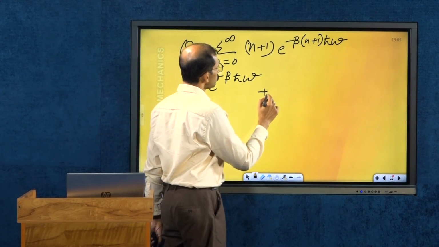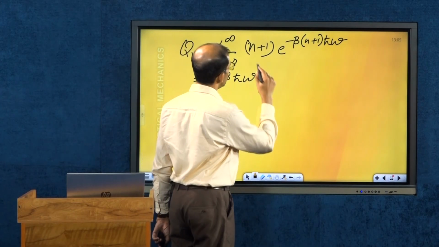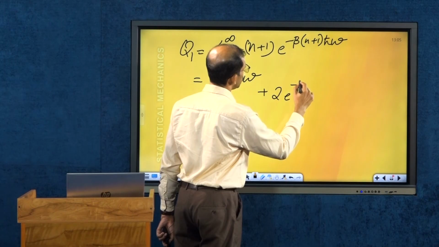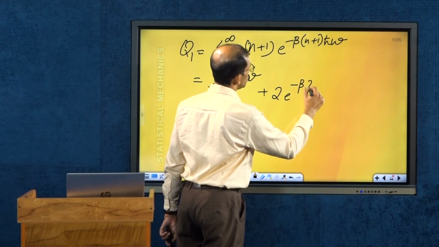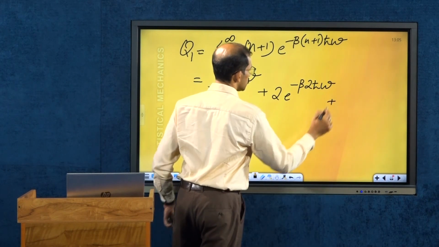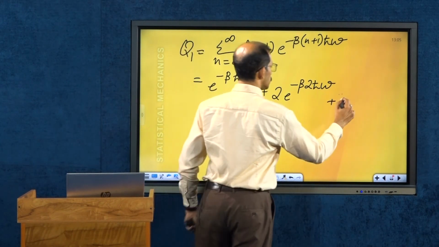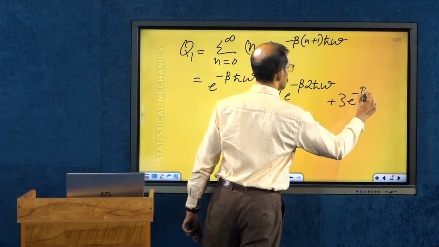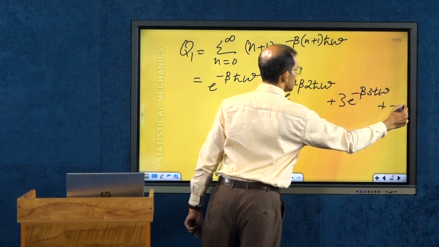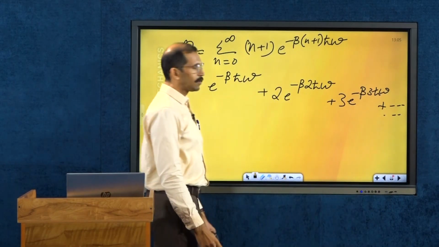What will be my second term? n equal to 1, which means it is 2 e raised to minus beta 2 h cut omega, plus similarly 3 e raised to minus beta 3 h cut omega plus etc. I will go on like that, right?